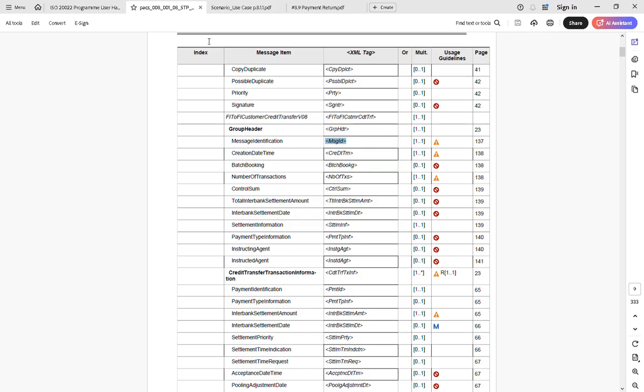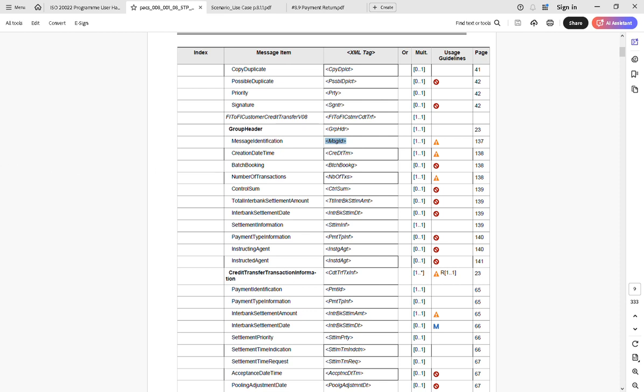And one more thing we saw yesterday: how to map the messages. If you saw the chats, we have seen how to map the MT103 messages with the PACS8 message. So this is the MT message, MT103, which is field 20.